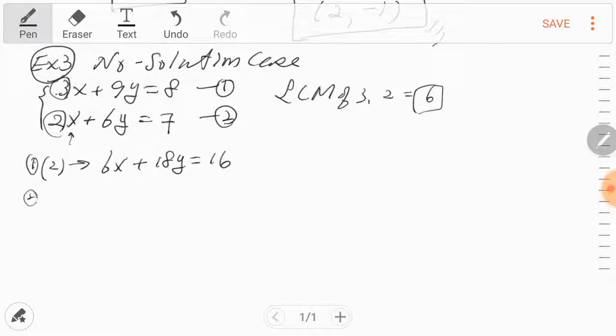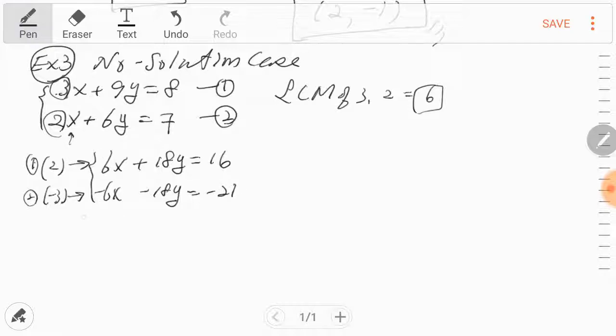Multiply the second equation by negative 3, so that the coefficient of x becomes negative 6. Multiply 6 by negative 3, so negative 18y. 7 by negative 3, then negative 21.